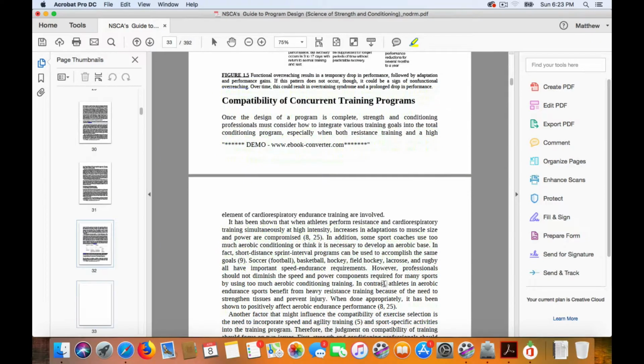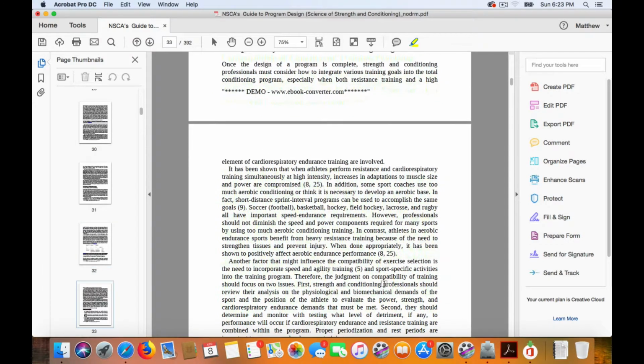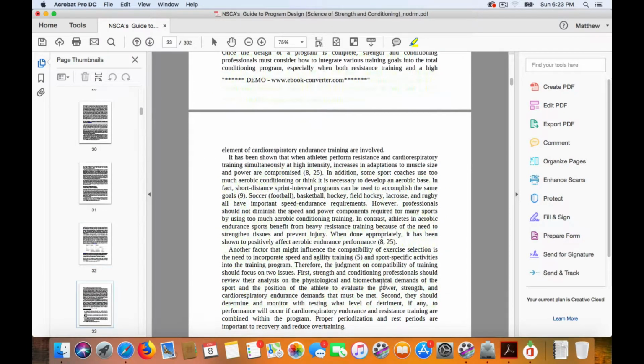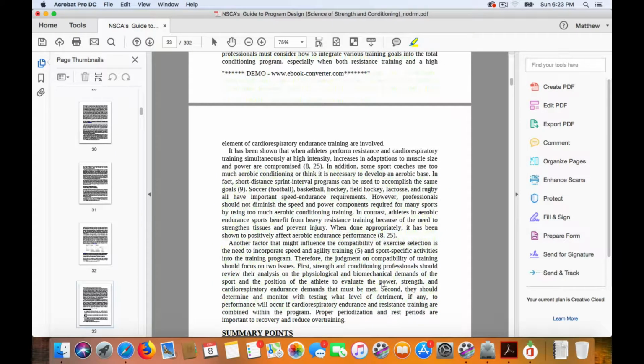So going into that, it just pretty much says work with your team itself, making sure that you have a fair amount of speed and power components as well as aerobic training. Right here it says, in contrast, athletes in aerobic endurance sports benefit from heavy resistance training because of the need to strengthen the tissue and prevent injuries.